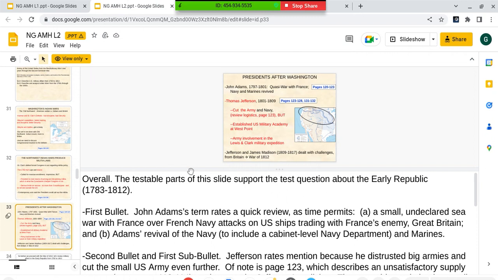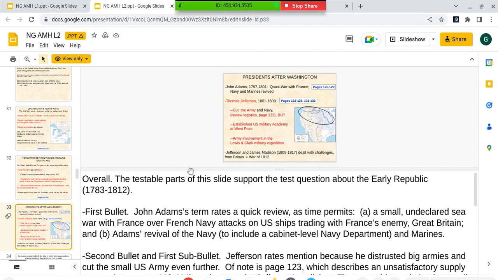He also decided to get the Army involved in the Lewis and Clark military expedition of the Louisiana Purchase, and the Lewis and Clark military expedition was a huge success, and it showed just how important the Army was to the American government and what they could accomplish.